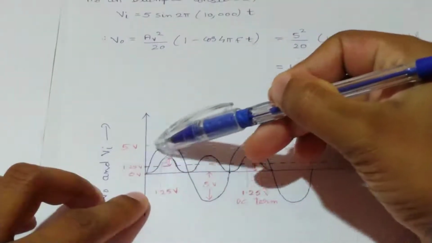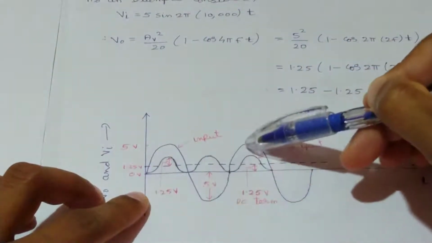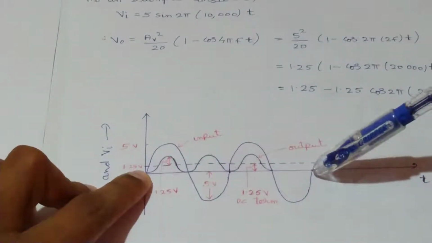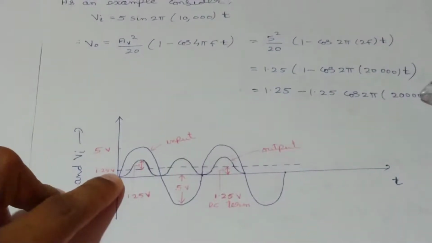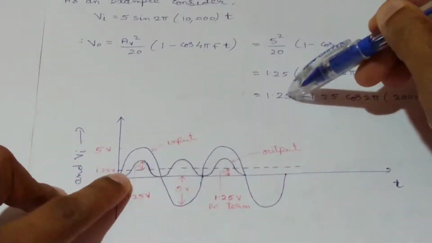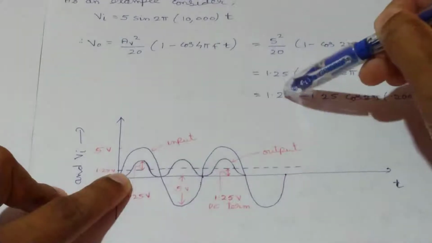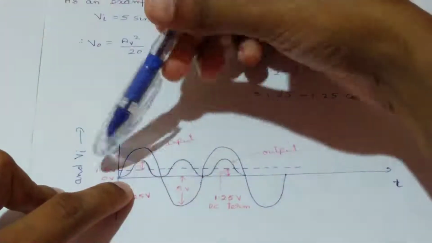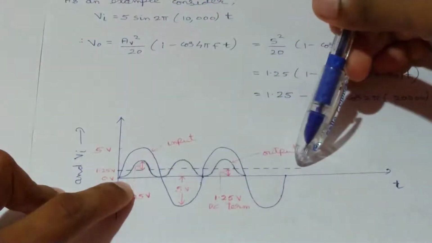So this one is our input signal. The frequency of this input signal is 10 kilohertz. Then this is our output signal equation, and as I said earlier, this 1.25 is a DC term and our output signal is riding on this 1.25 volt. That 1.25 DC term is shown by this dashed line.